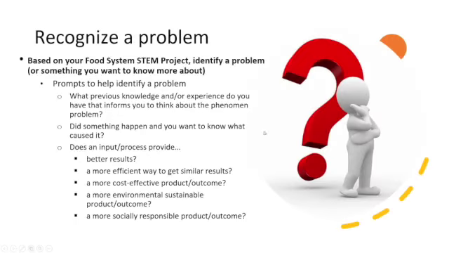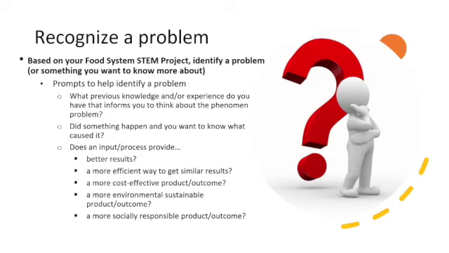So let's go through the first step here, and that is recognizing a problem, and that is using the food system STEM project that you have been working on with your students or will be working on with your students. Think about a specific problem that you want to know more about.